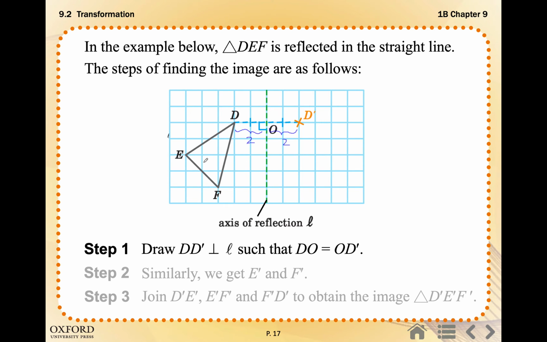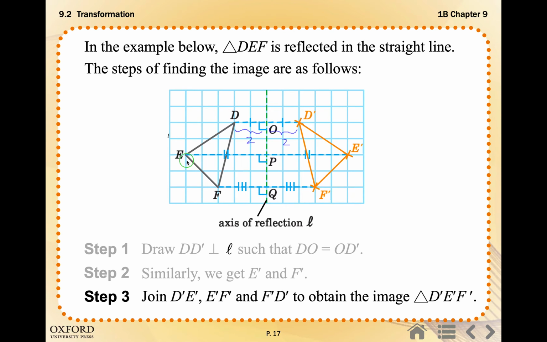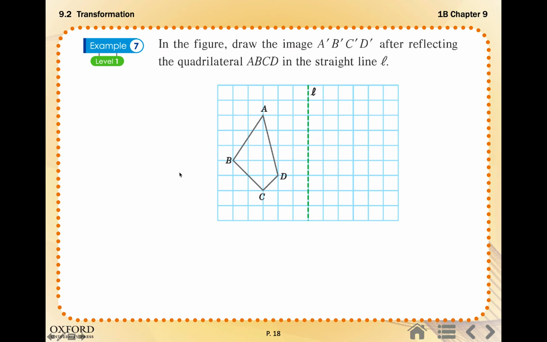And then do the same for E and F. Step 2 is to do the same for E and F. So from point E, draw a line perpendicular to L, and you may meet the point P here. Count 1, 2, 3, 4, 5. There are 5 units.